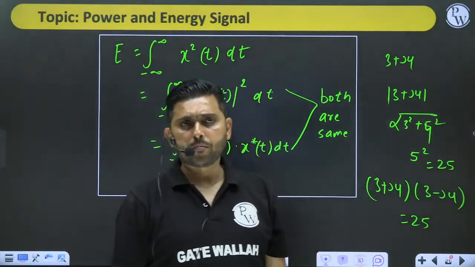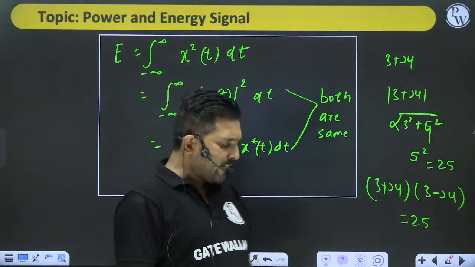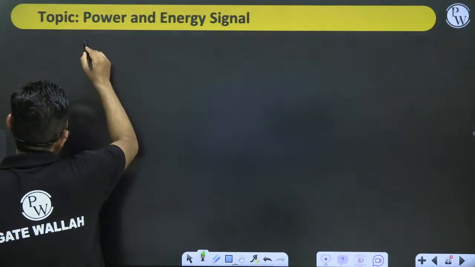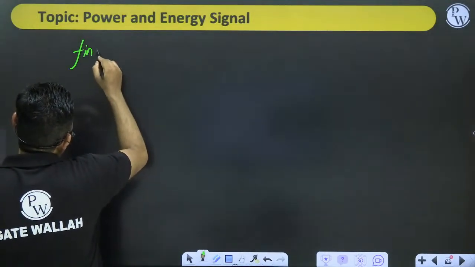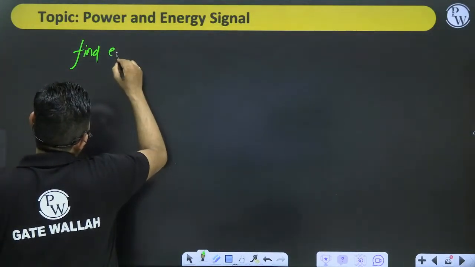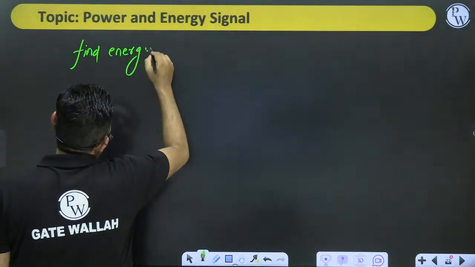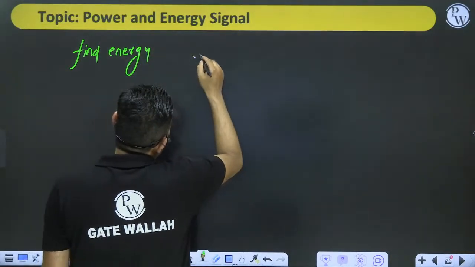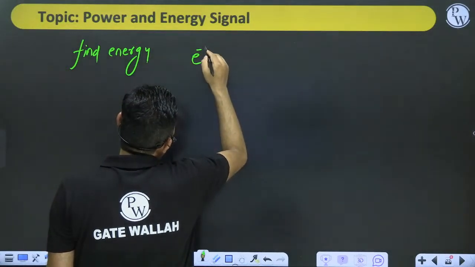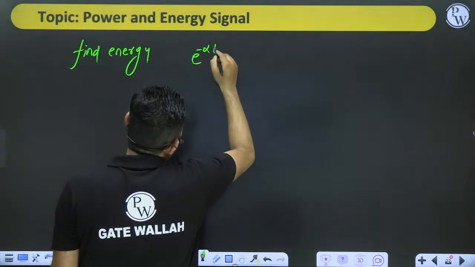Okay, fine. Now, if energy is clear, let's find out the energy for e to the power minus alpha t u of t.